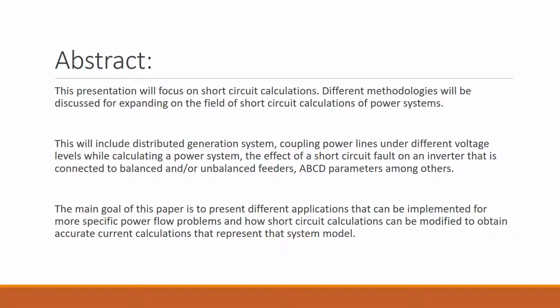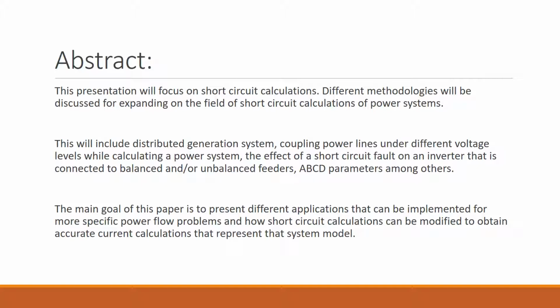for power systems. This will include a distributed generation system, or provide some level of emphasis of how fault currents can affect, or what things need to be considered for a DG system whenever a fault occurs. We're also going to be talking about coupling power lines under different voltage levels while calculating a power system.